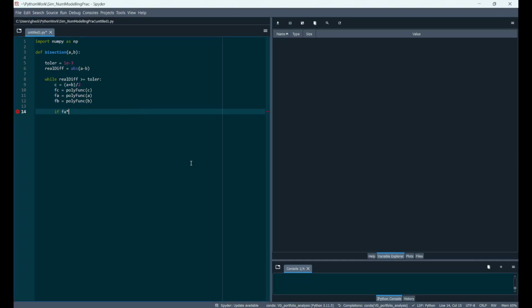So what we're going to do is put this in as a precautionary measure just to make sure that we don't start to try and evaluate functions that have more than one zero. So I'm going to check that, okay, f of A times f of C is less than 0, and if f of B times f of C is also less than 0, then we have an issue on our hands, because that means that in multiple cases we're seeing that there are multiple zeros, right?